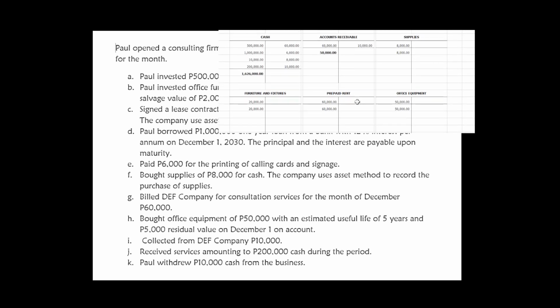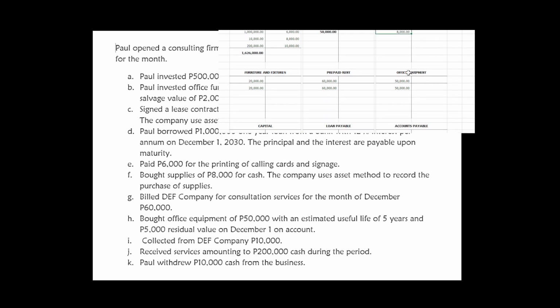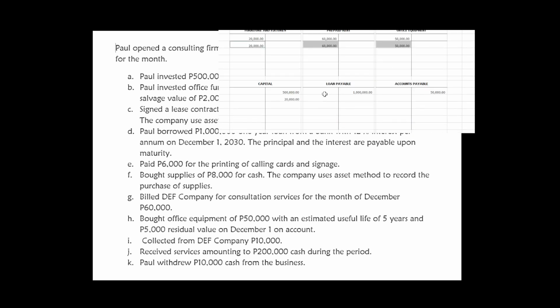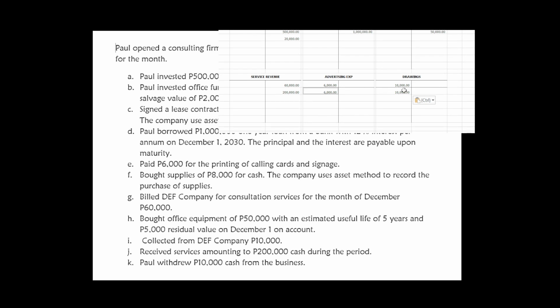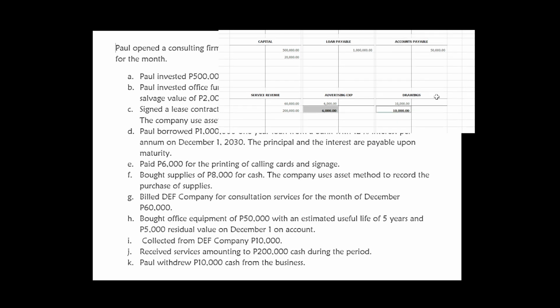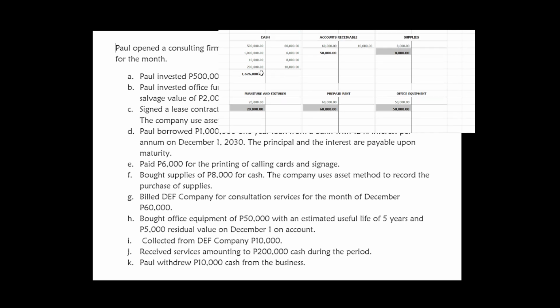Okay. So, again, yung question sa atin, magkano daw yung ating debit balance. So, add natin lahat. Okay, so, meron tayong 1626 na cash. Meron tayong account receivable na 50,000. Supplies, 8,000. Furniture and fixtures, 20,000.